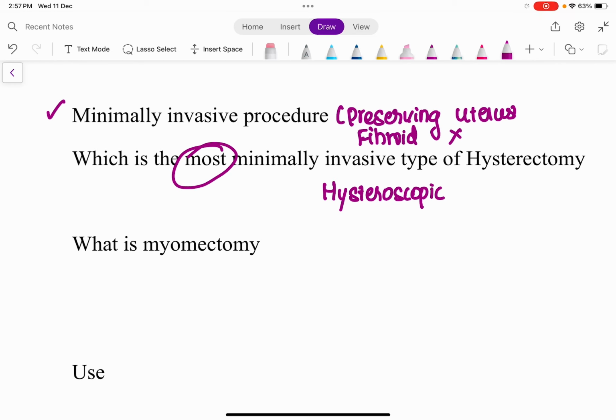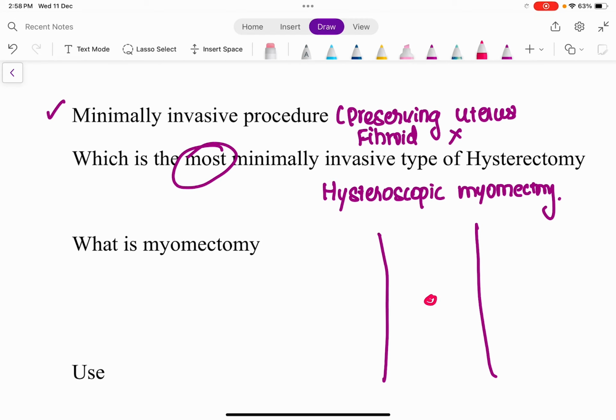The answer lies in the term itself, because in laparoscopic myomectomy, let's say this is the abdomen of the patient, through one port you have to create a port in the abdominal wall and insert the laparoscope, and through another port you have to insert the surgical instrument.